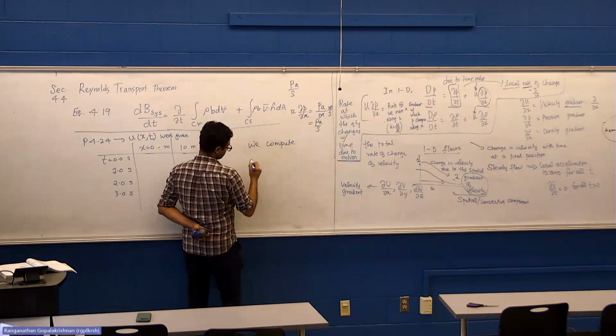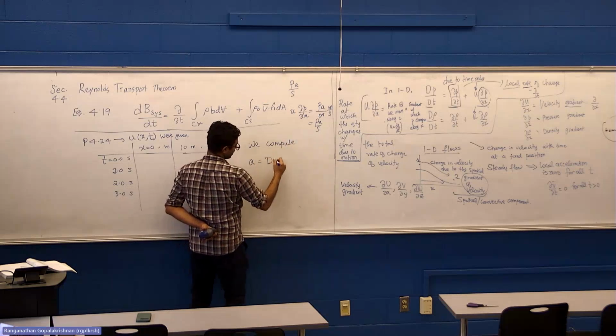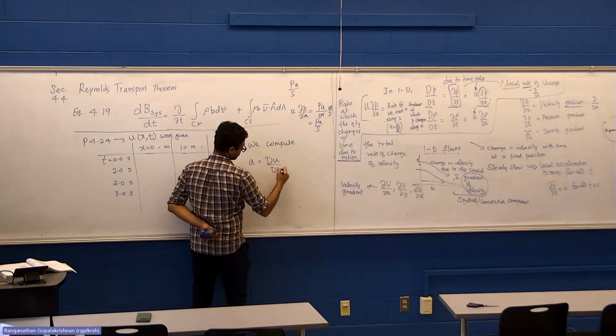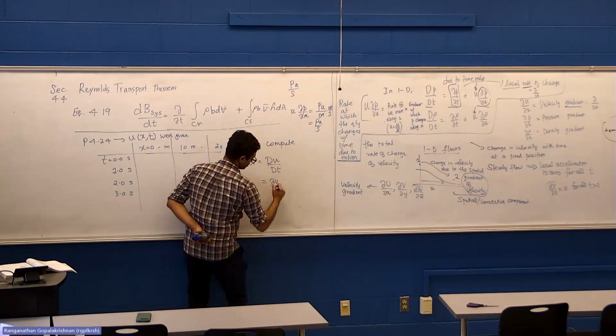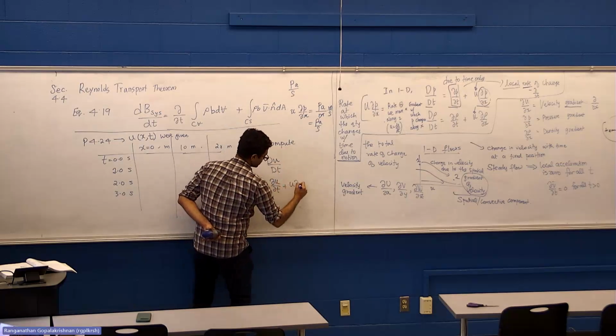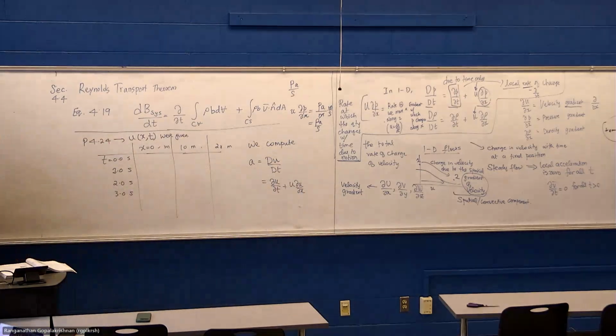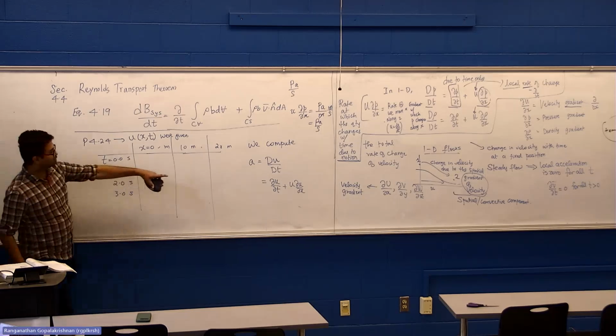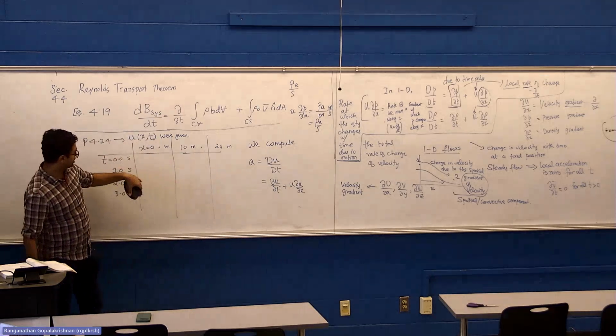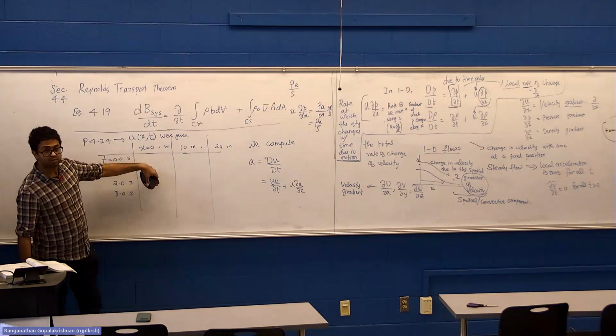So this was given, and we computed the acceleration, which is the total derivative of velocity with respect to time, or the local plus the spatial. Okay, we did this. Do you remember? We computed the total derivative from the given table of values.